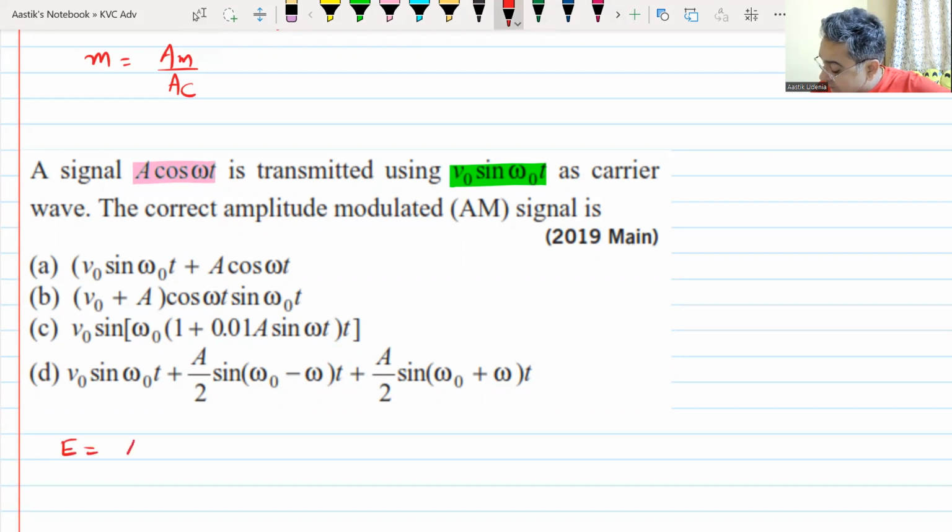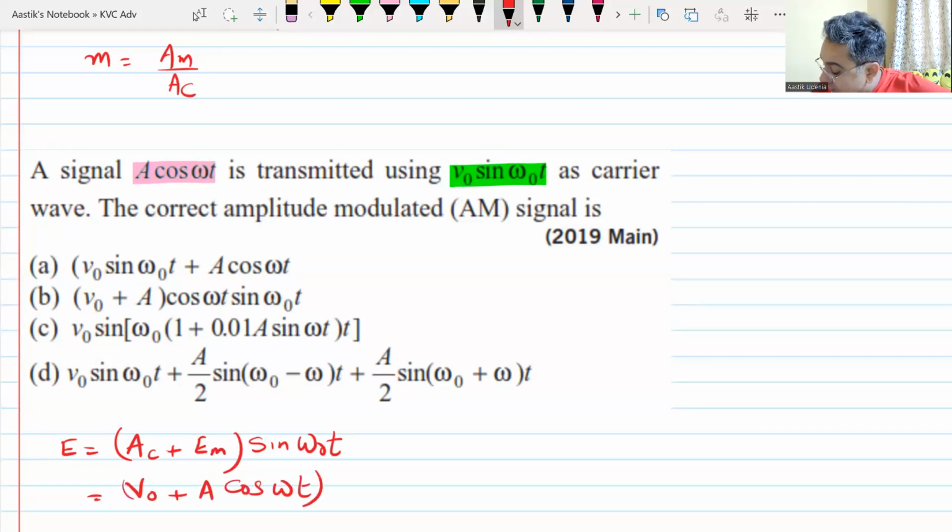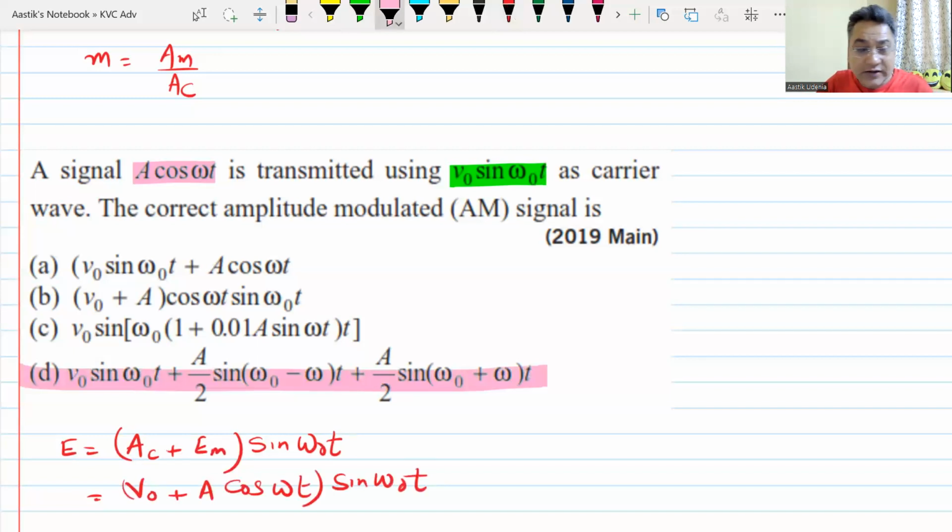You just write AC plus EM and you multiply it by the sine of omega naught t. Yes or no? Here it will be equal to V naught plus A cos omega t into sine omega naught t. When you add this using trigonometry, you will get this.